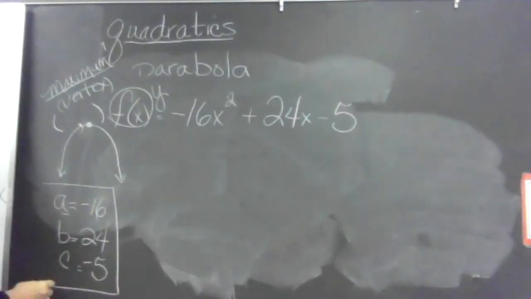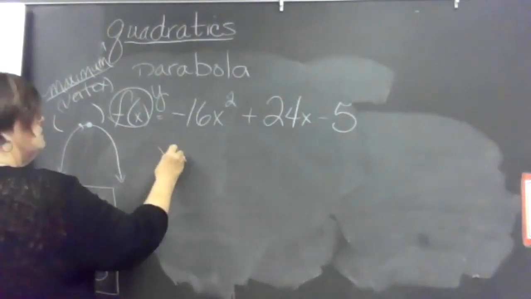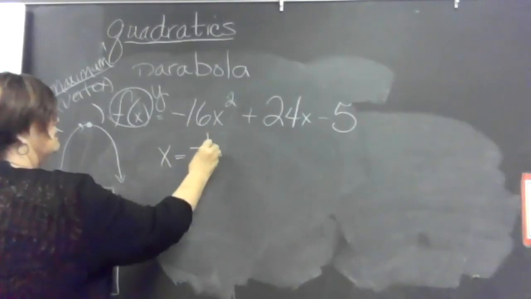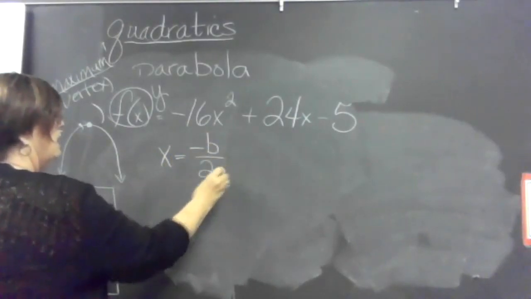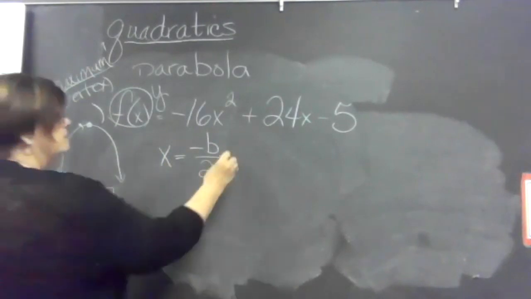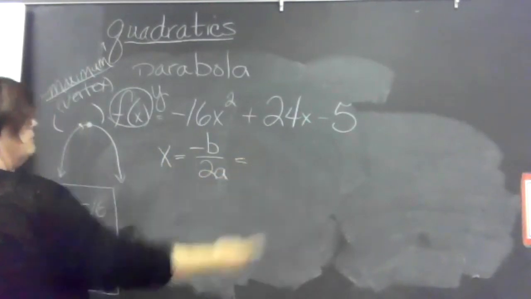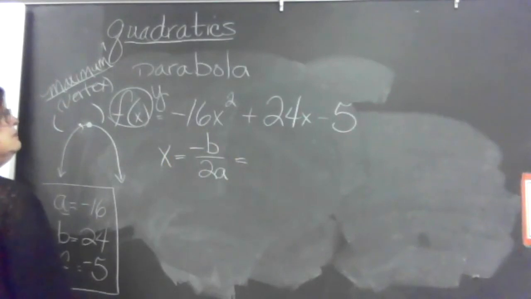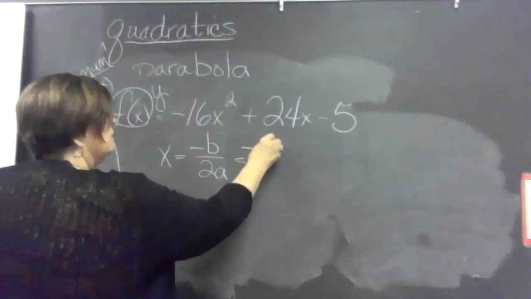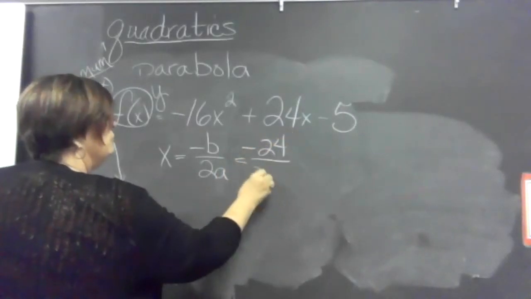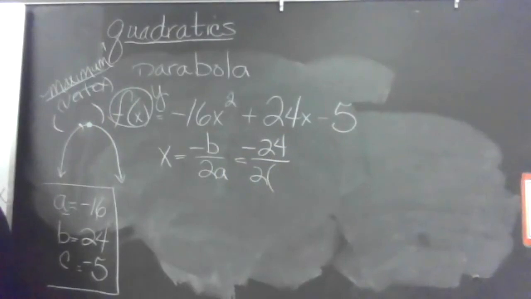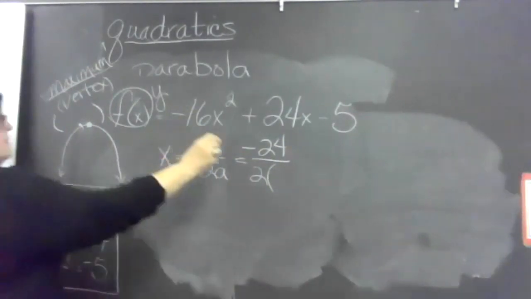These are the ones that we're going to put in our formula to find the x of the vertex. So we're just going to find one piece, negative b over 2a. So what am I going to plug in the top? Negative 24 over 2 times negative 16.